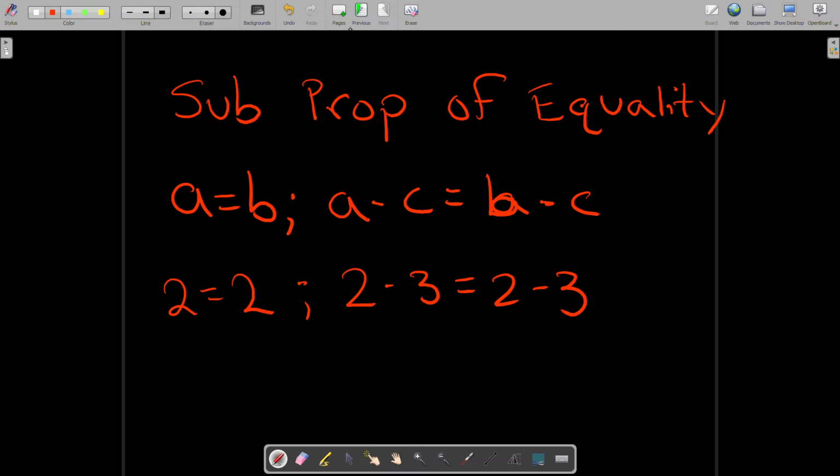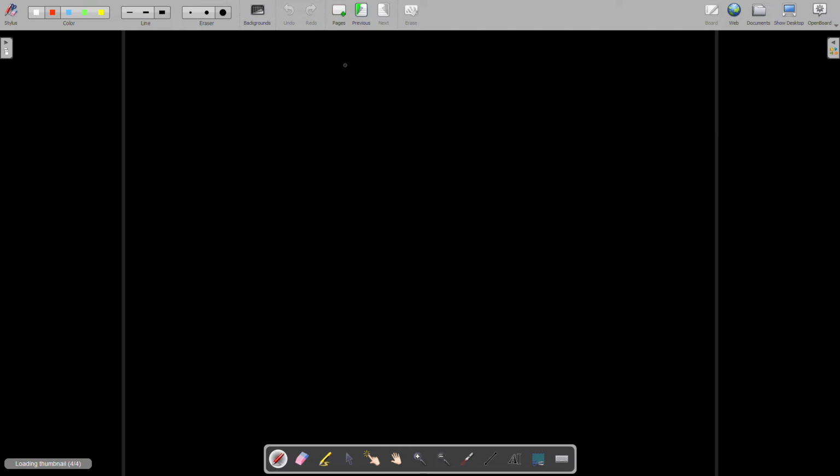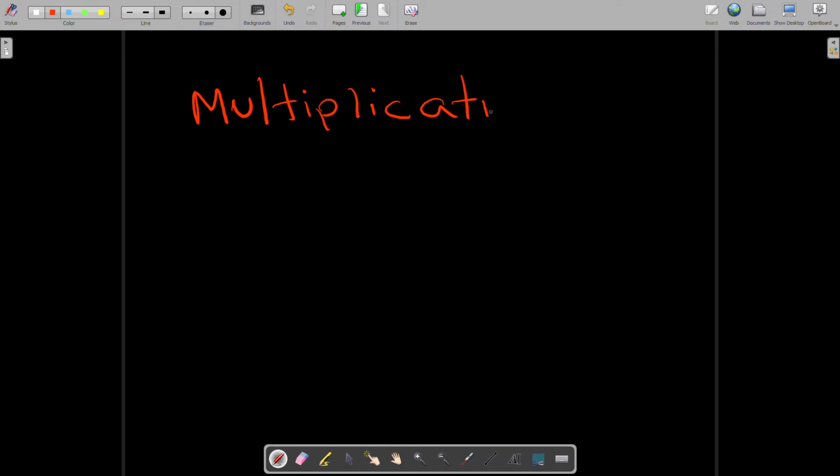Okay, now let's move on to the third type of proof. The third type of proof is the multiplication property of equality.